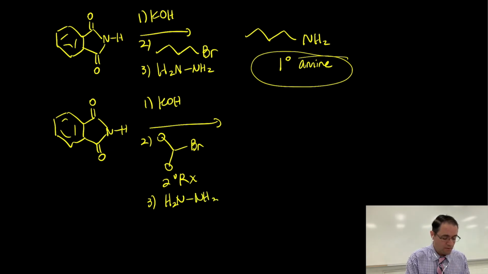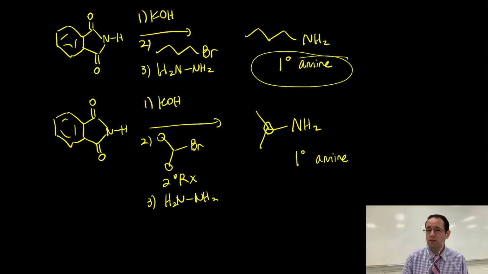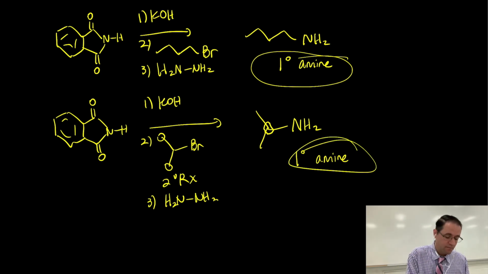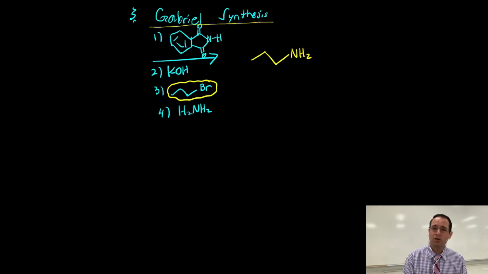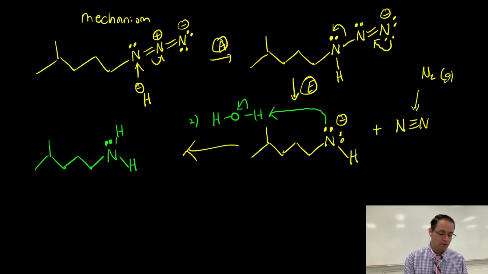So what's that going to make? We replace the bromine with an NH2 group, but we classify this as a primary amine because we are counting only the carbon atoms that are bonded to the nitrogen. So we count differently here. There's 1 carbon attached to the nitrogen, so we call this a primary amine.